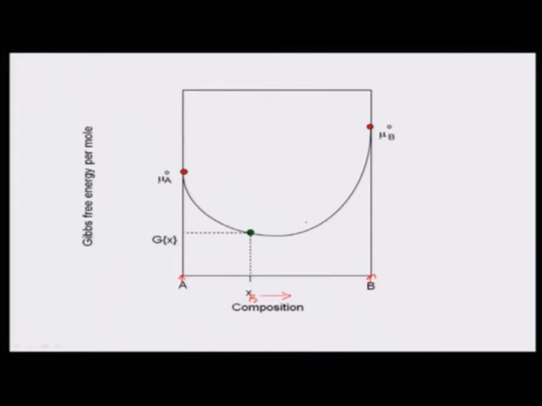I have already discussed why this kind of shape will be there. If I now want to know free energy at a particular composition X, that is G x, then I can just draw a tangent to the curve, and this tangent will be passing through this dotted point on the curve.